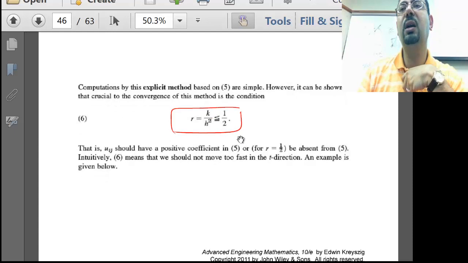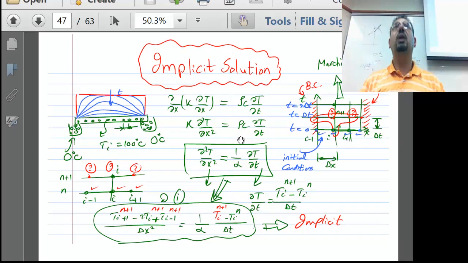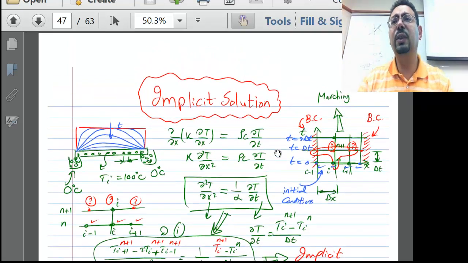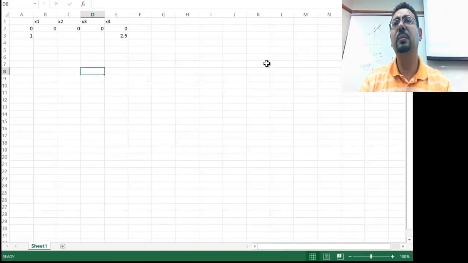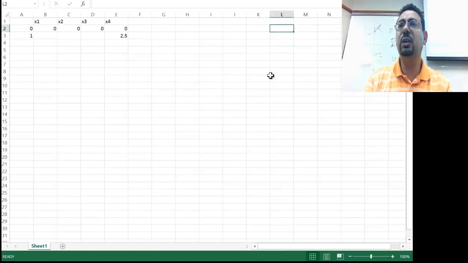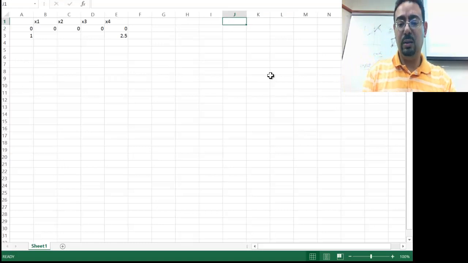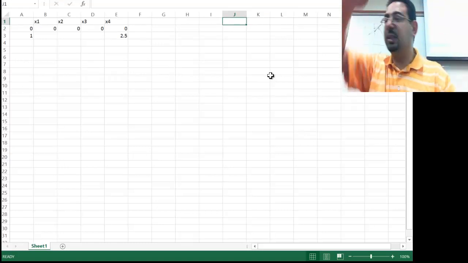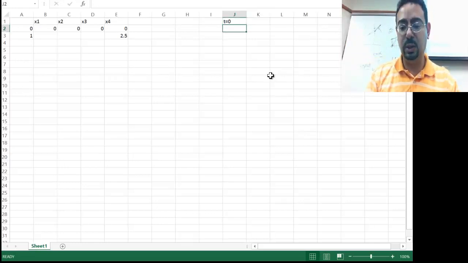So explicit methods are conditionally stable. Right? So again, how do you solve the problem on Excel? Well, you will have the initial condition. At t equals 0, he needs to provide you basically what is, let's make t equals 0 here.